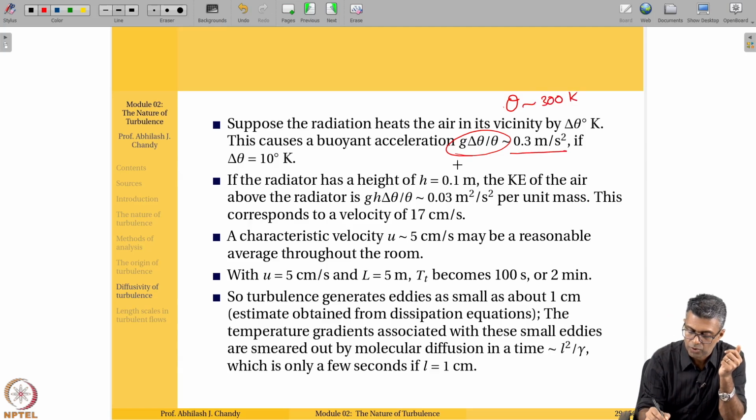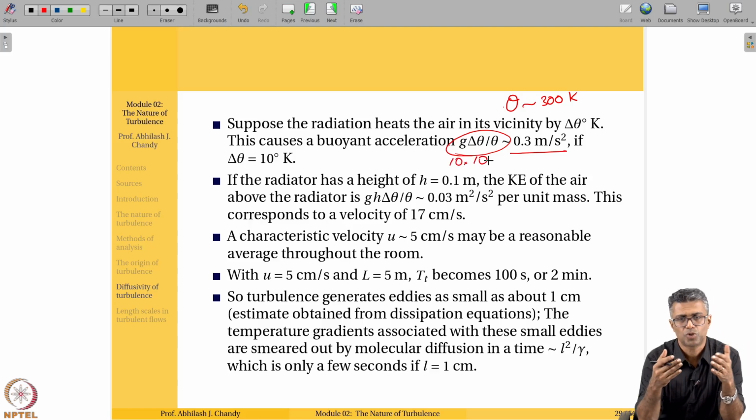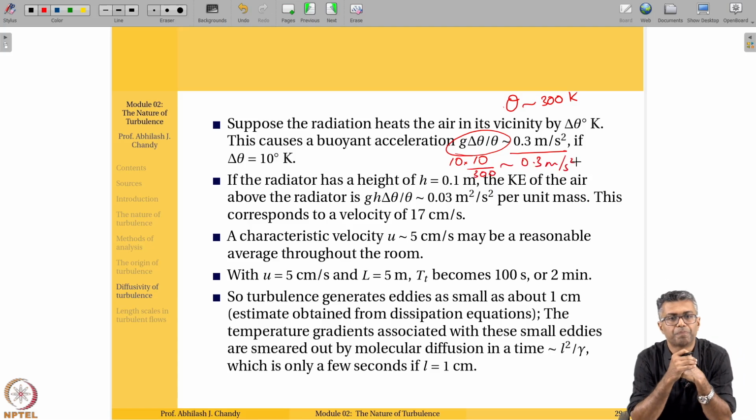You get that by taking 10 times, approximately, a 10-degree temperature difference, divided by 300. So that is approximately 0.3 meter per second squared.